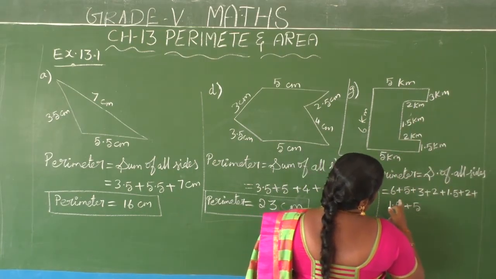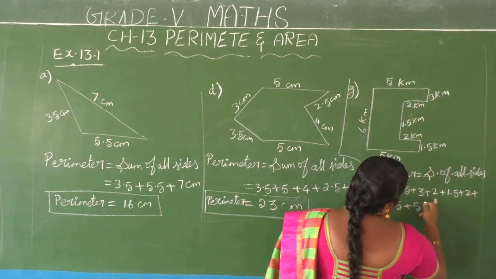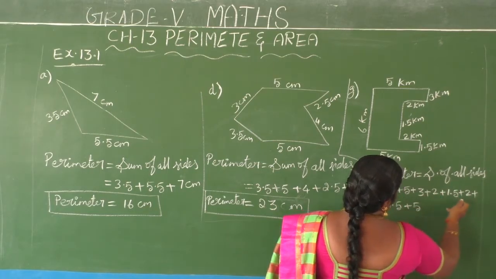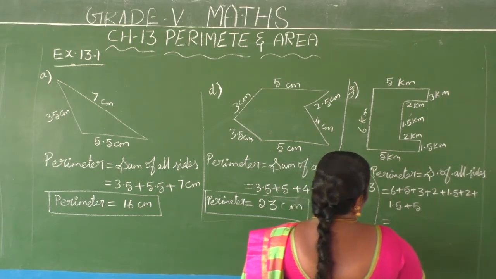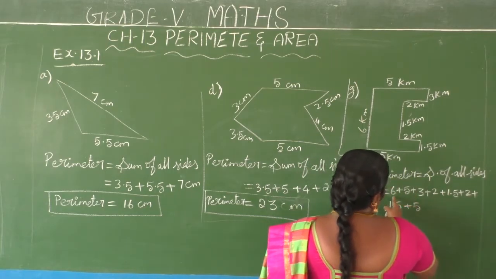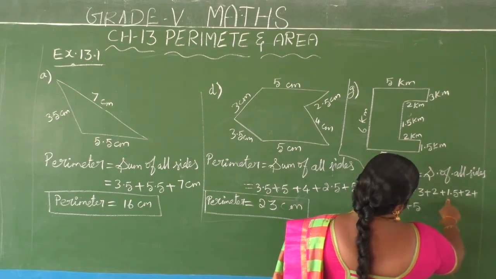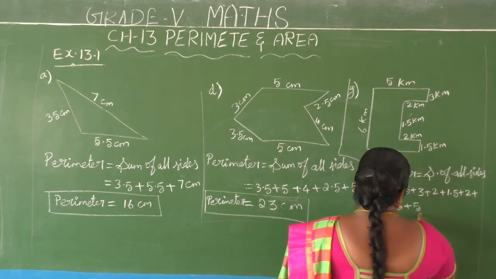So 6, 9, 10, 14, 15, 16, 17, 18, 19, 20, 21, 25. Did I miss any sides, ma? 6, 10, 11, 14, 15, 16, 17, 18, 19, 20, 21, 26.